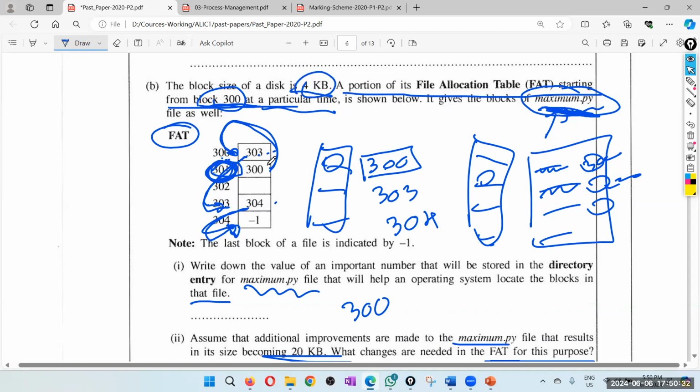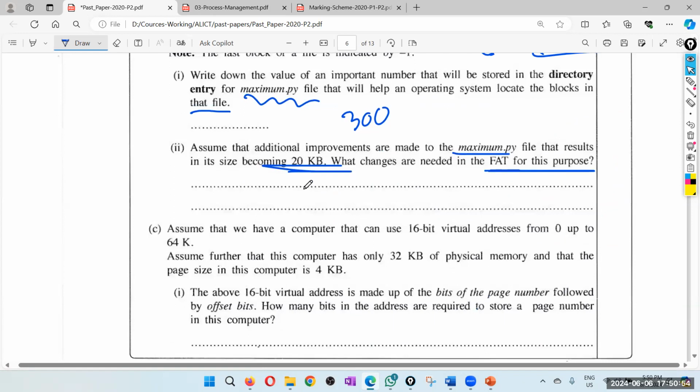Now how many blocks are used? 1, 2, 3, 4. Maximum is 4 kilobytes each. So if all 4 are used, 4, 4, 4, 4, that is 16. If it is 16 kilobytes or less, these 4 blocks are enough. But it looks like this is not 16 kilobytes.